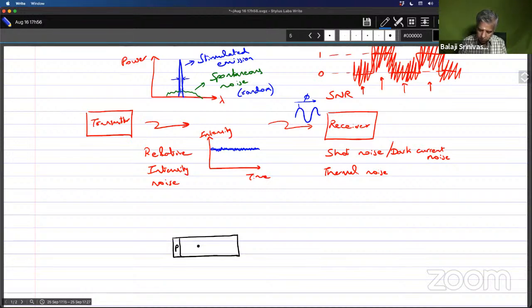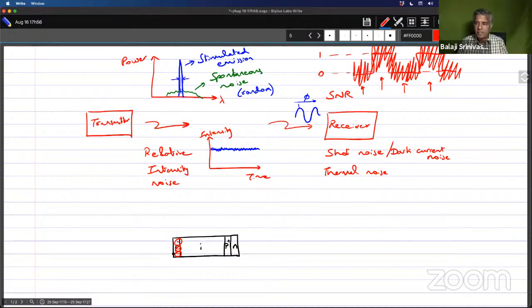We take a PIN photodiode, but along with the N, there is, say, a P plus layer added. Whenever you have a P and I interface, you will have some majority carriers that are holes moving out of this region.